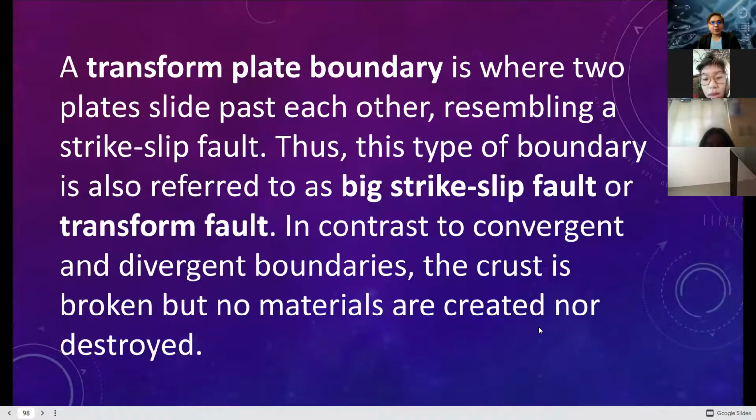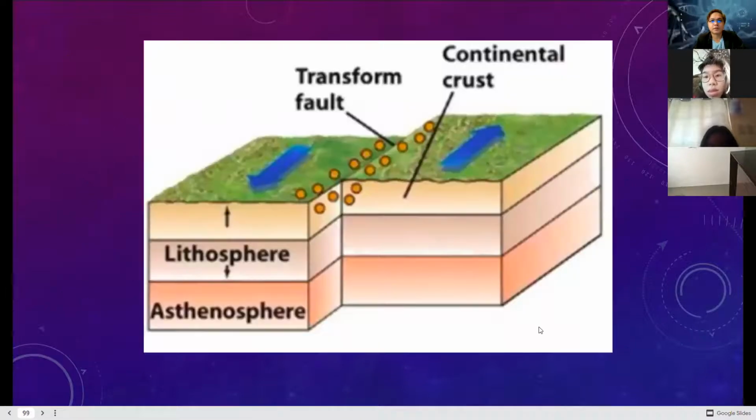In contrast to convergent and divergent boundaries, the crust is actually broken, but no materials are created or destroyed because they're just passing each other. Okay, they're crushing the rocks beneath. This is now the transform fault. If you look at it, they are just sliding past each other.